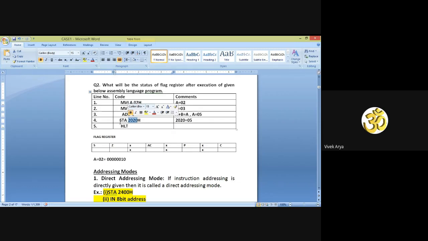So we have used STA 2020H. That means after execution of this fourth statement, the data available in accumulator is stored at this location. So now 05 is stored at 2020 location, and then HLT.